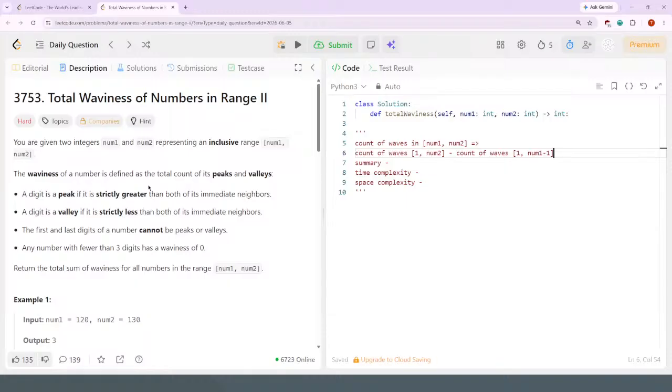So you can just define a function to find waves from 1 to some number x, instead of finding them over some intermediate range. That should simplify some calculations, hopefully.